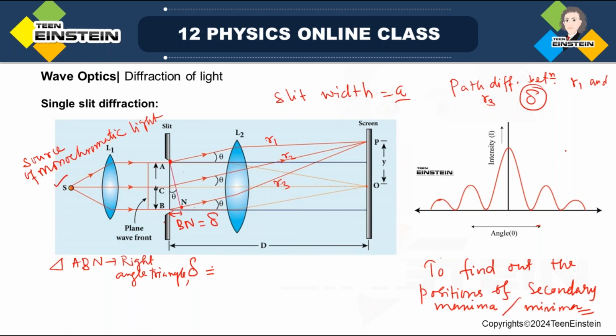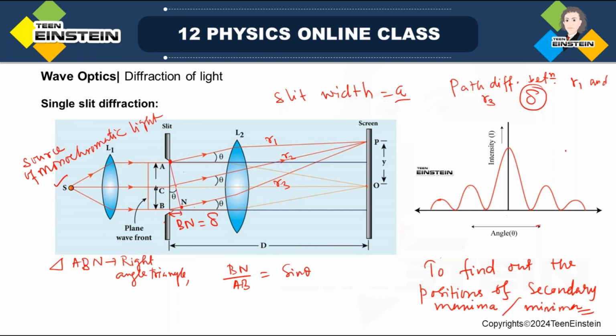From this right angle triangle, we can write BN by AB, perpendicular by hypotenuse, is sine theta.